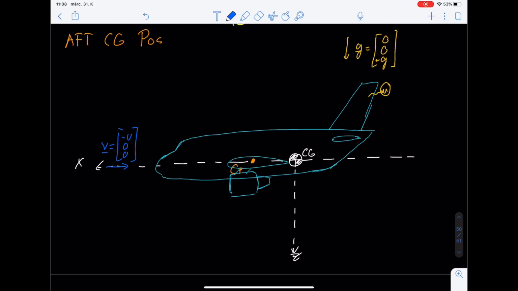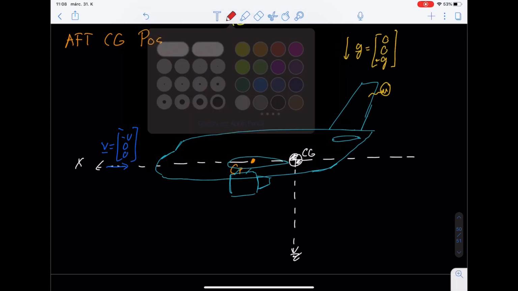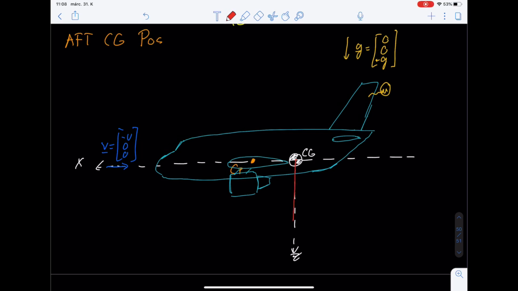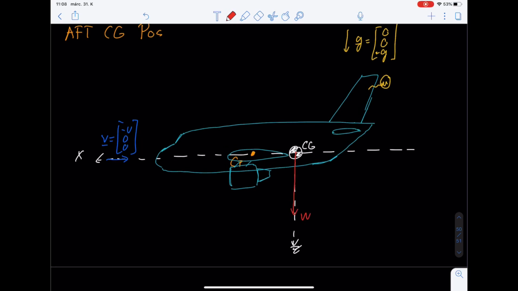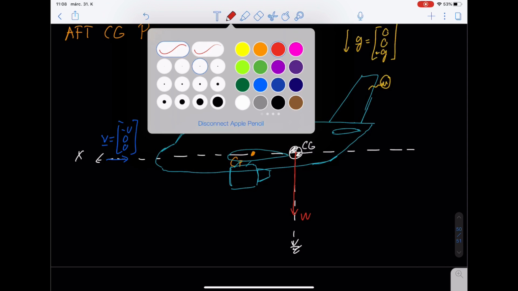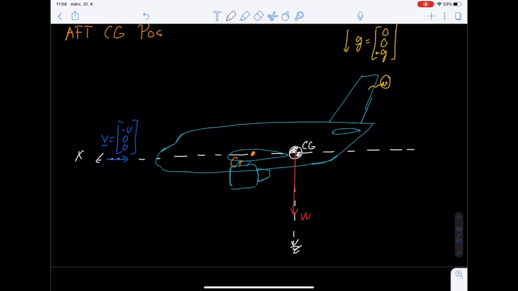Okay, so therefore you're going to have a weight of the aircraft, which doesn't generate any moments around the center of gravity. You're also going to have, through the axis of symmetry, thrust force, with the center of thrust.